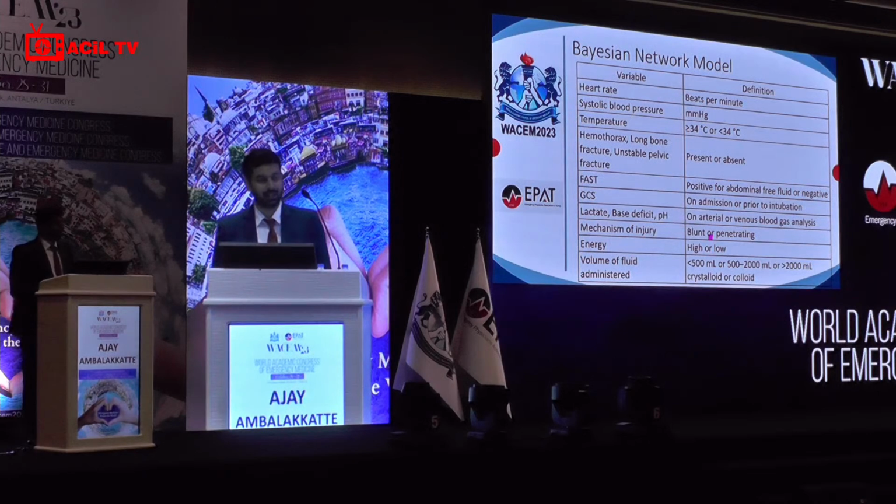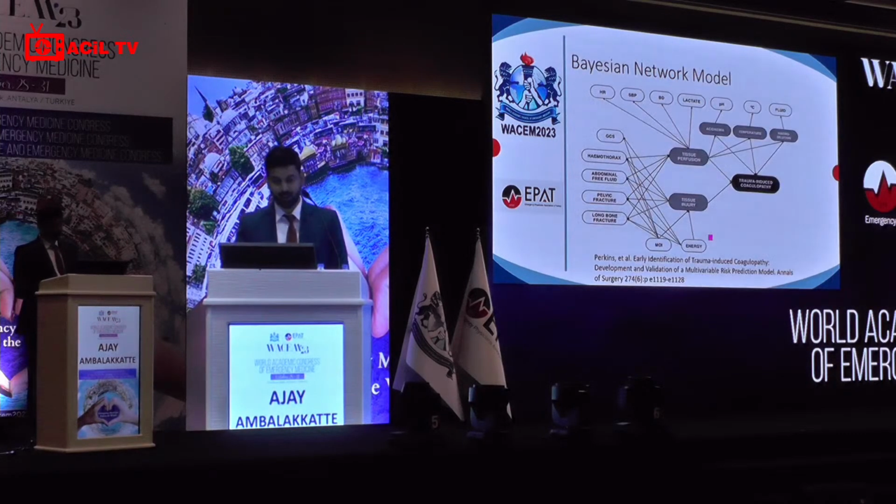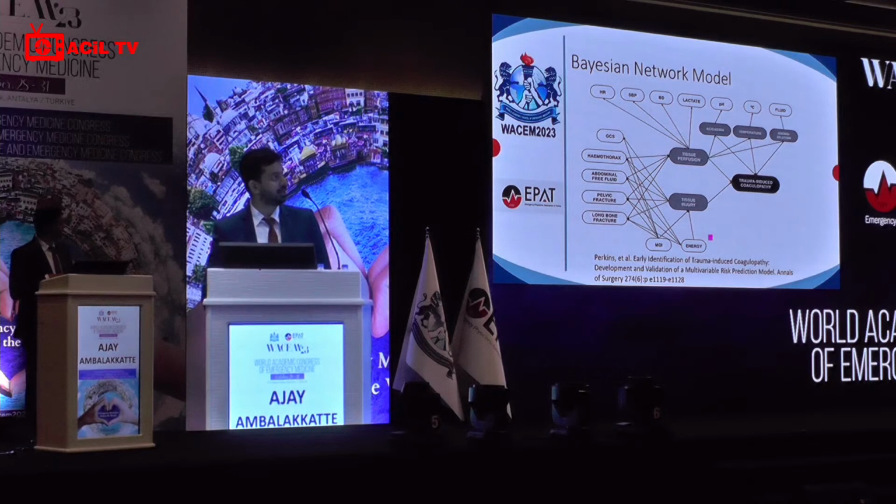Then came the age of AI, artificial intelligence. So they used the data from a study called ACID, and they defined different variables which could produce coagulopathy. You can see that they looked at tissue injury, tissue hypoperfusion, acidosis, hypothermia, and hemodilution.